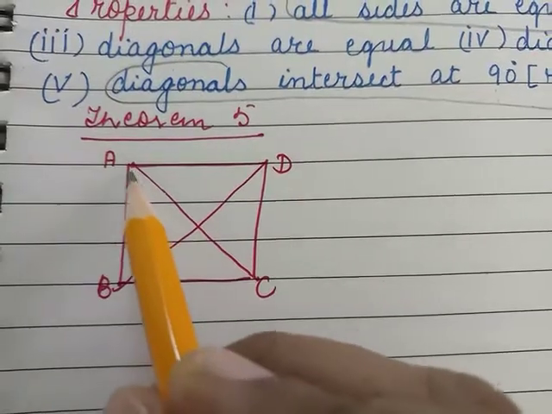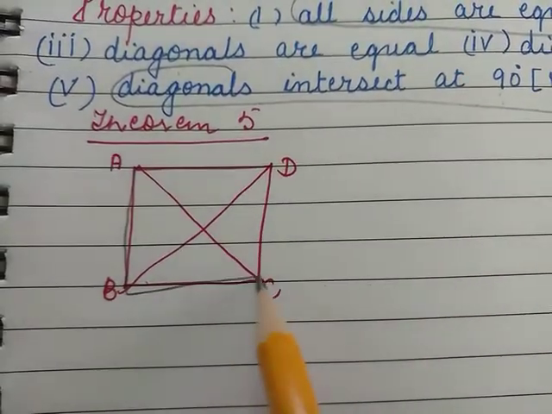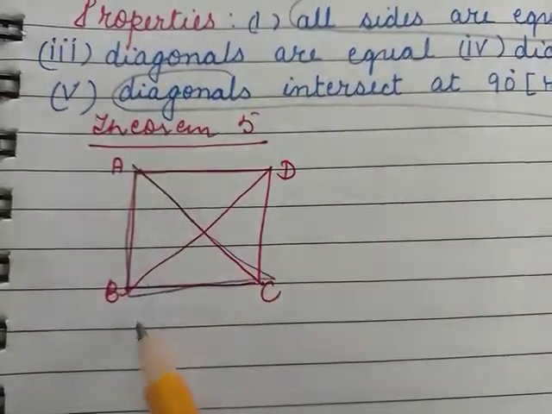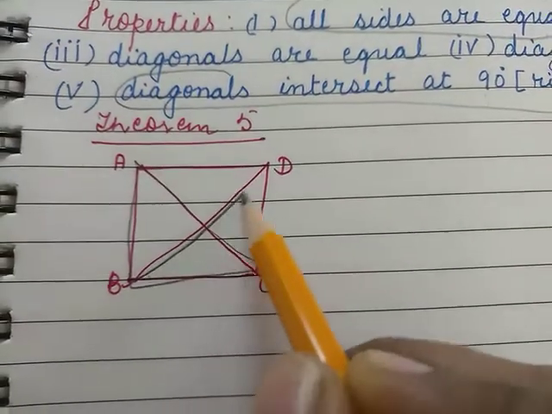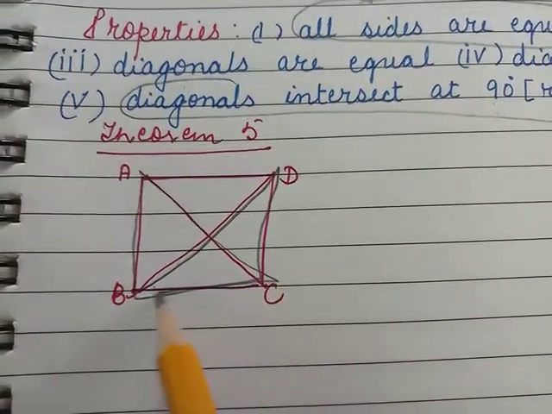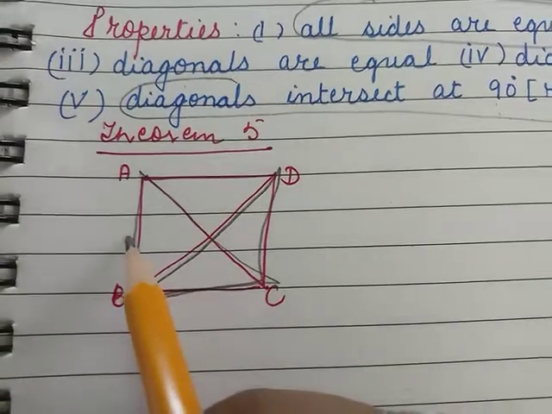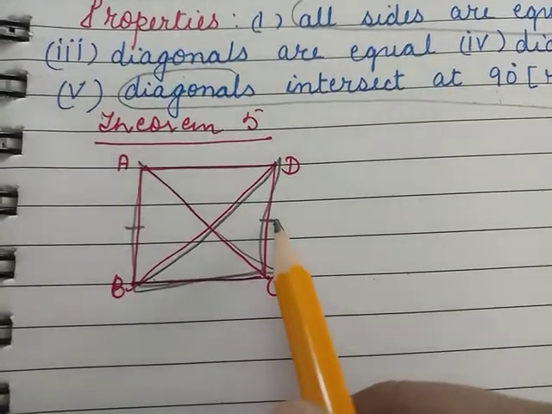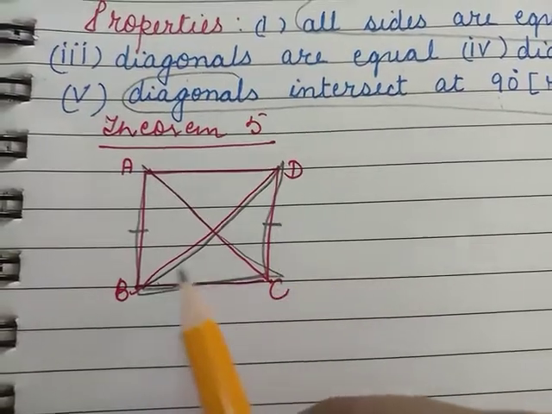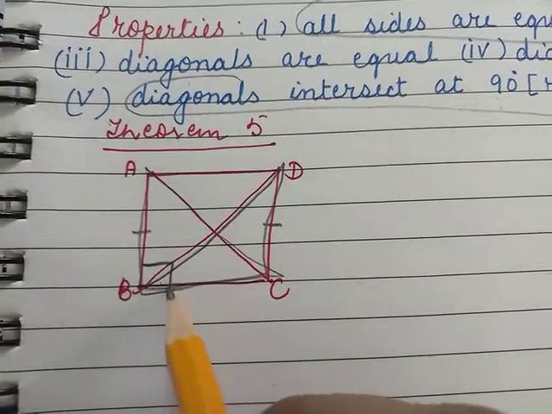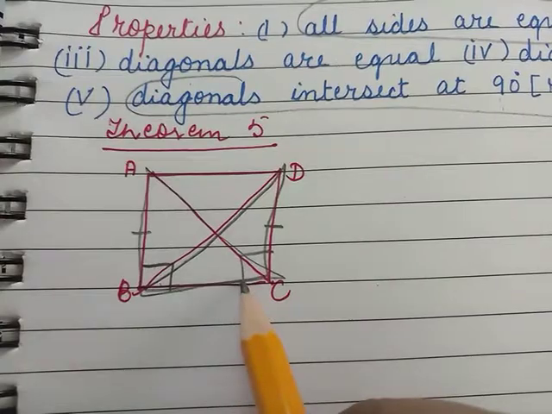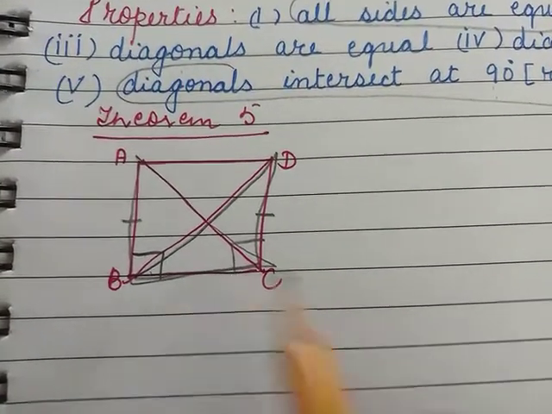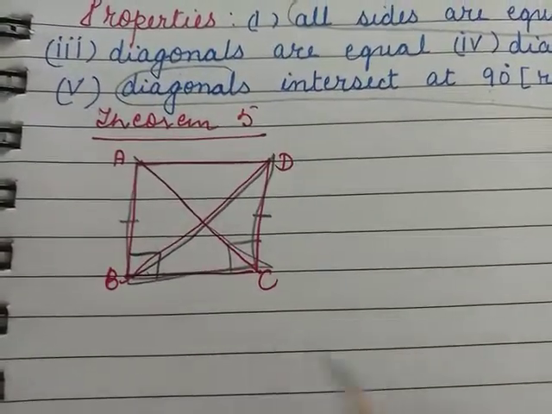The first thing that we are going to prove is that the diagonals of a square are equal. For that we consider triangle ABC and triangle BDC. AB is equal to DC, as all the sides of a square are equal. This angle B and this angle C both measure 90 degrees, as each angle of a square measures 90 degrees.